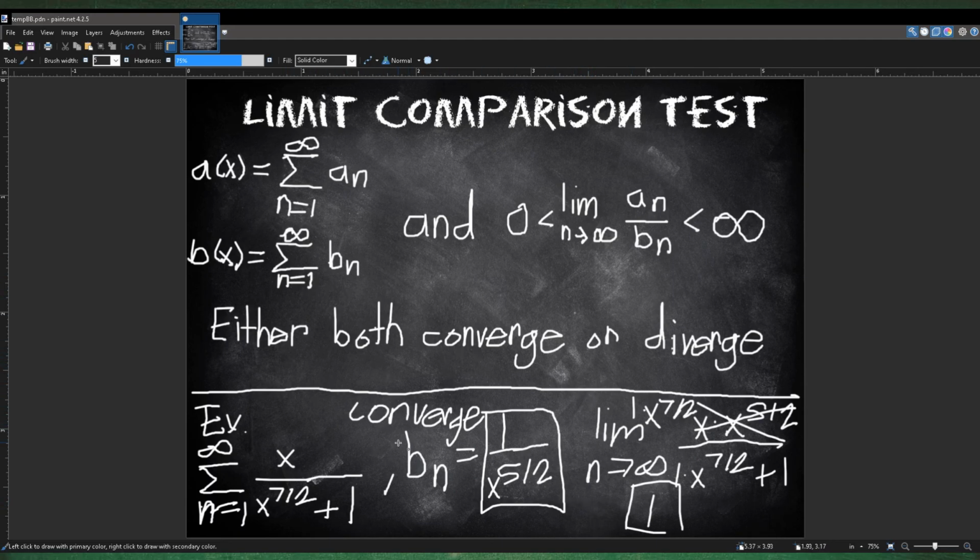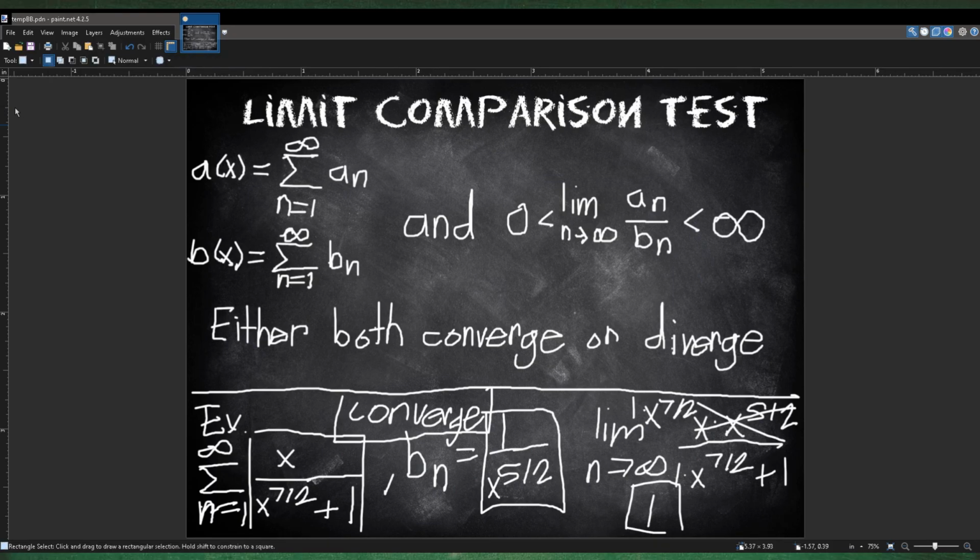Well, we already know that b of n converges, right? Because we used the p-series. So since b of n converges, that means a of n, which is the one that we're looking for, also converges. It might seem confusing, but the more you do of the limit comparison test, the easier it gets. Similar to how it works with just the comparison test.